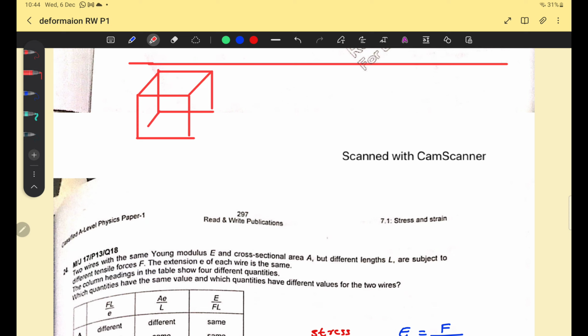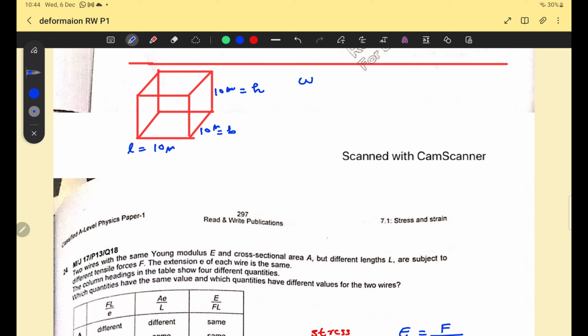Abda Nandini, this is a cube. Consider its length is 10 meter, breadth is 10 meter, height is 10 meter. Okay, but it is a cube, so all its dimensions are the same. Length, breadth, and height, all dimensions are the same.